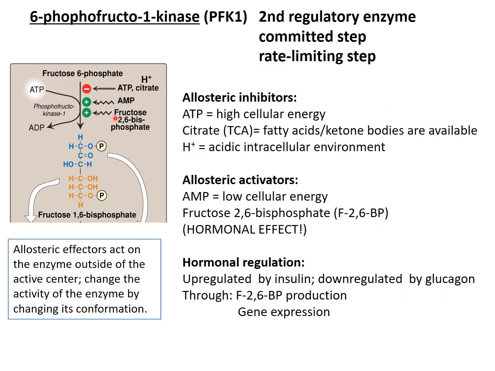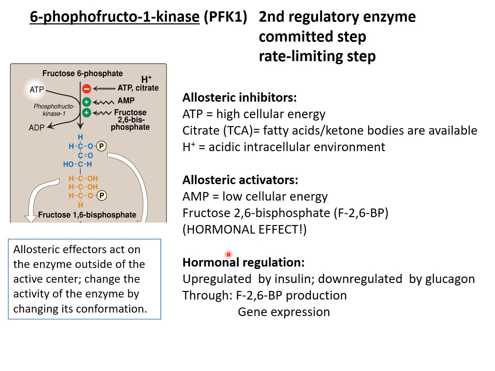All right. Very quickly, because I already went through this, this is very important to remember, okay? Second regulatory enzyme, committed step, rate-limiting step, and all of the effectors. Allosteric inhibitors are ATP, citrate, and proton, and allosteric activators are AMP and fructose 2,6-bisphosphate. This is important.